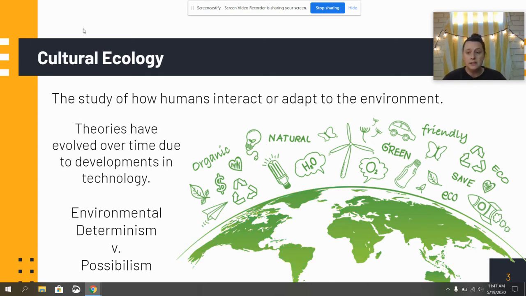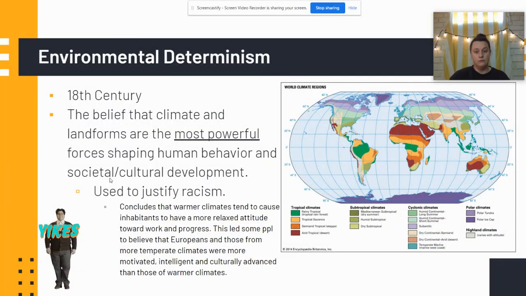We're going to talk about two theories specifically that are in opposition to one another. These are environmental determinism and possibilism. Environmental determinism is an 18th century theory. It's pretty old, right?